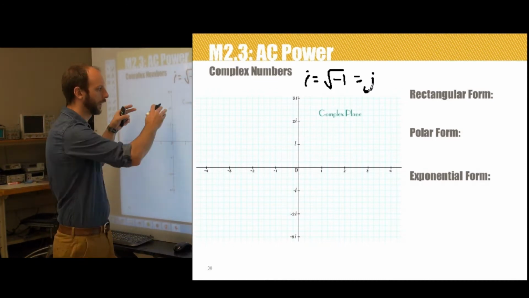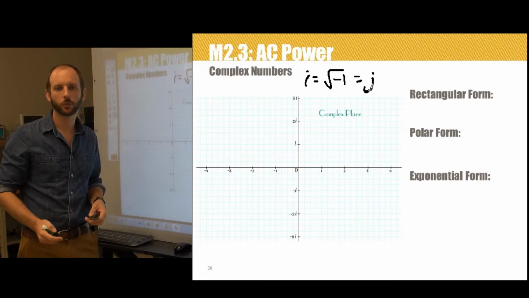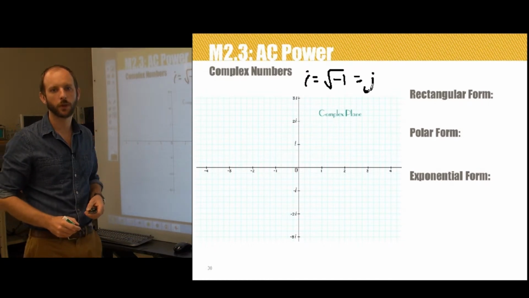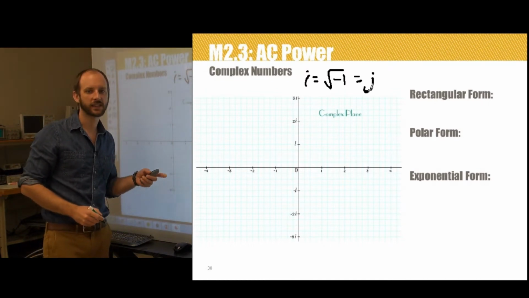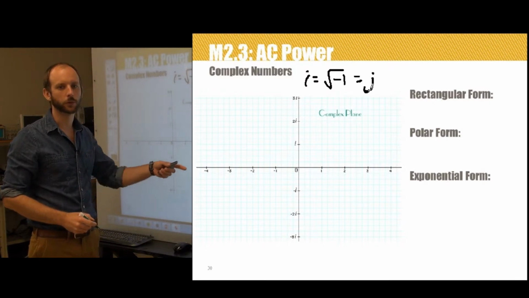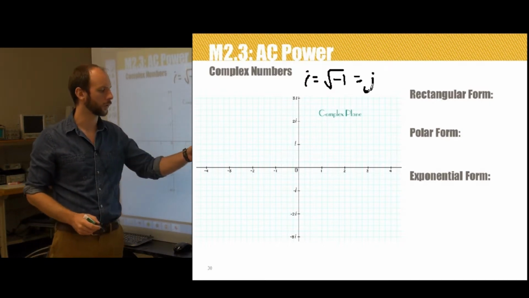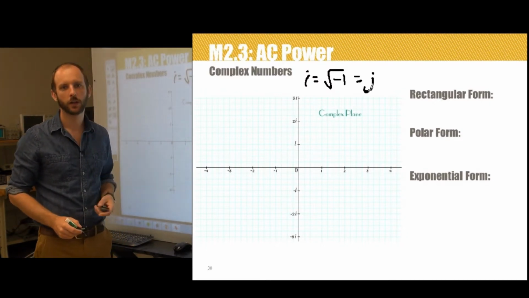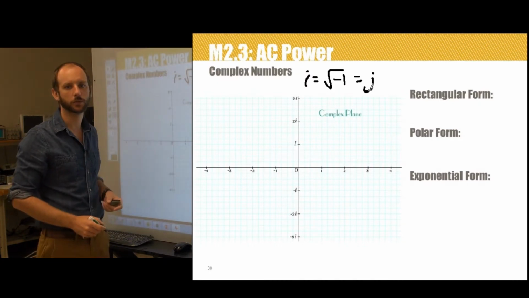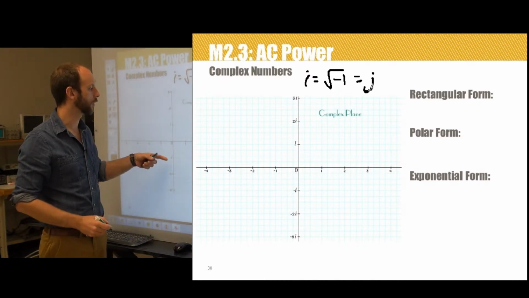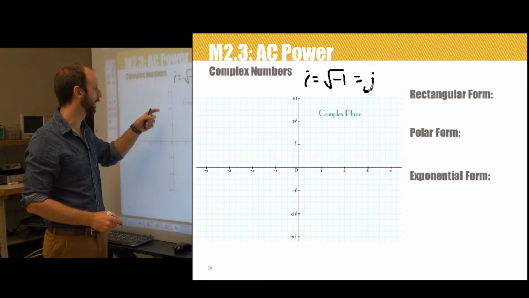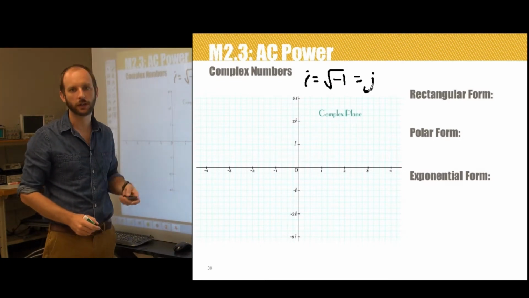The complex plane that we're showing here is a graphical representation of complex numbers. On the complex plane, the x-axis represents purely real numbers, so we call that the real axis, and the y-axis represents purely imaginary numbers, so the vertical axis is called the imaginary axis.